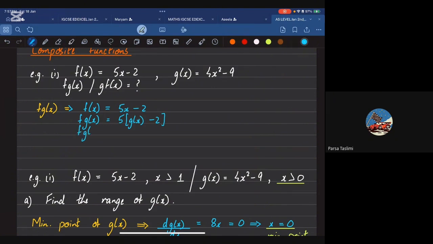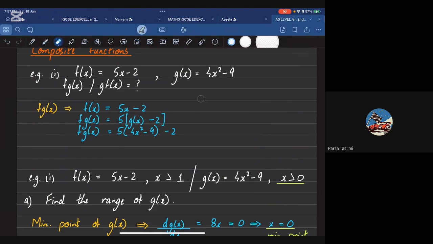So f g of x is equal to 5 times (4x squared minus 9) minus 2. Is this clear, Parsa? Yes.